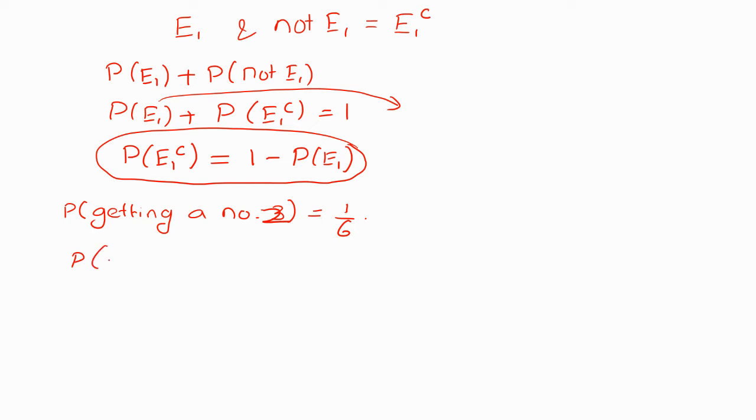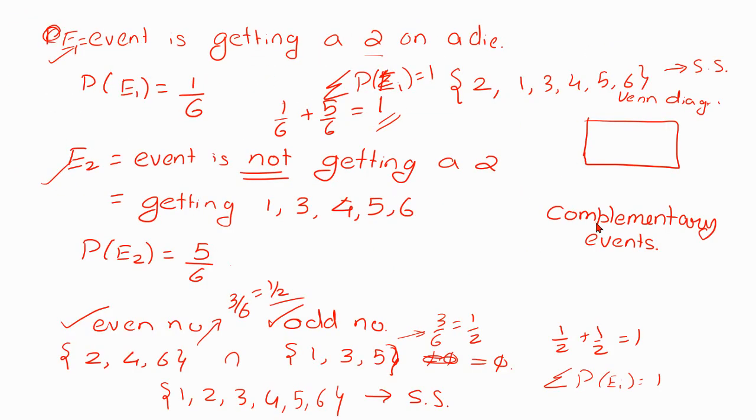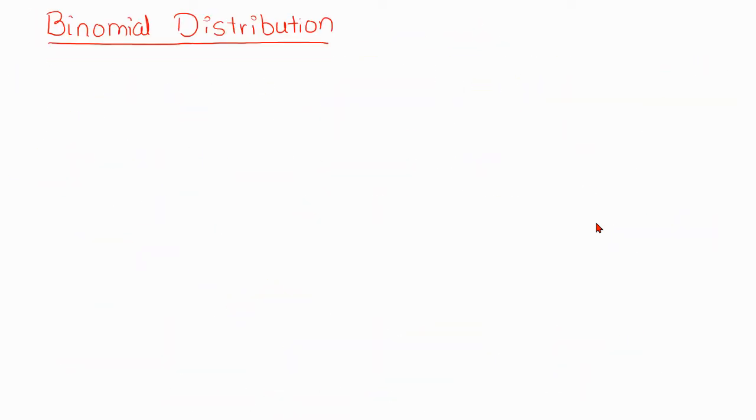And the probability of not getting a number 2 is 1 minus 1 by 6, that is 5 by 6. So I can directly see this from the formula. Okay, it is verified.